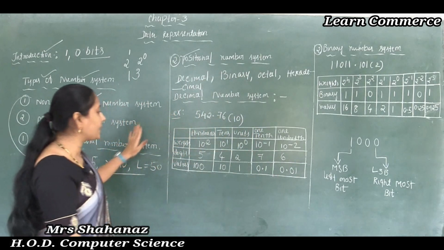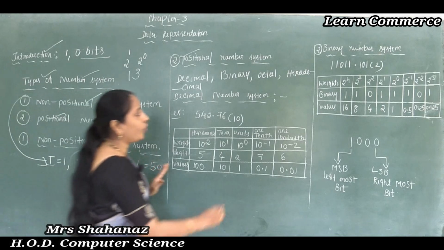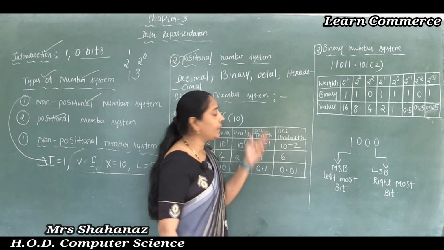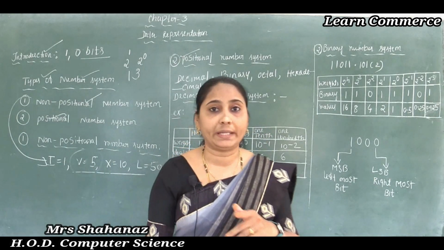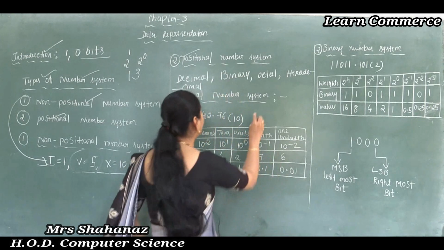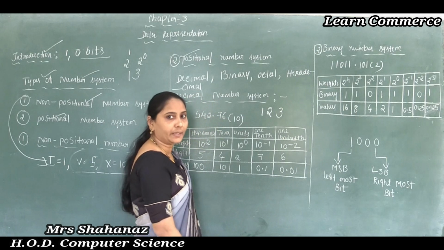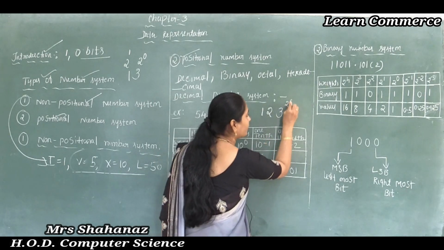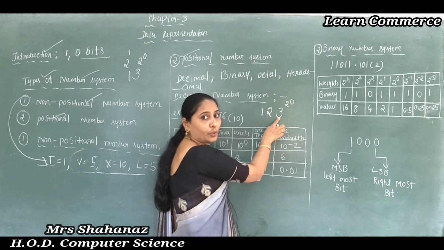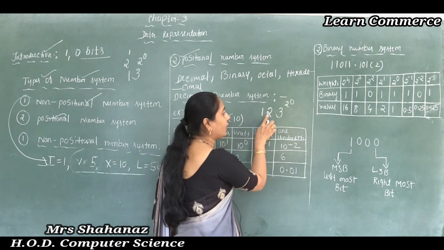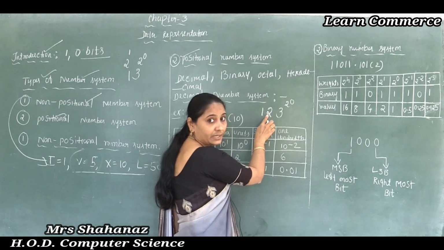One example for digits is 123. If you are using the number 123, the position value of 3 is 2 to the power of 0, and the position value of 2 is the hundreds place.